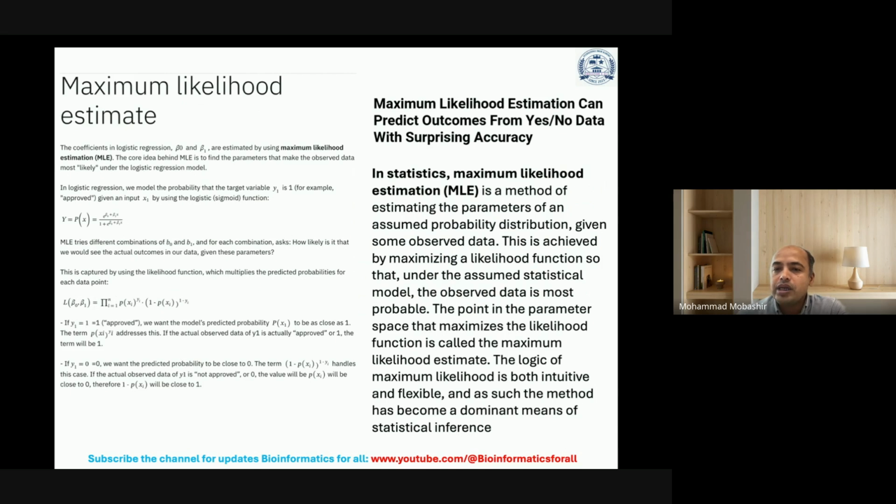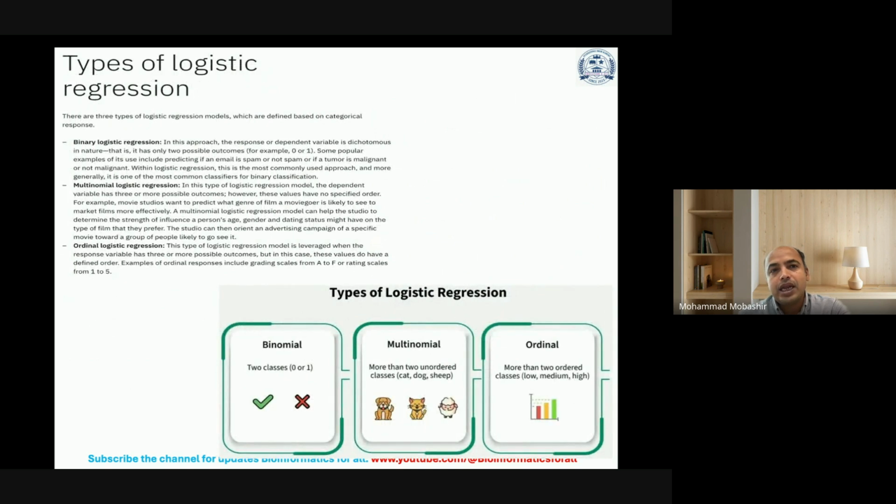The point in the parameter space that maximizes the likelihood function is called the maximum likelihood estimate. The logic of maximum likelihood is both intuitive and flexible, and as such the method has become a dominant means of statistical inference. Now, there are three types of logistic regression.